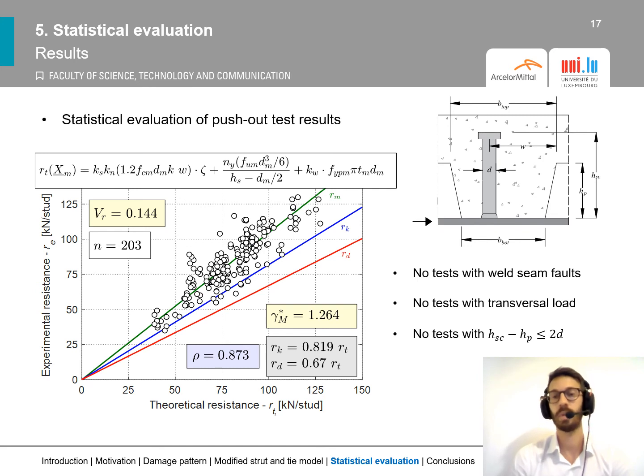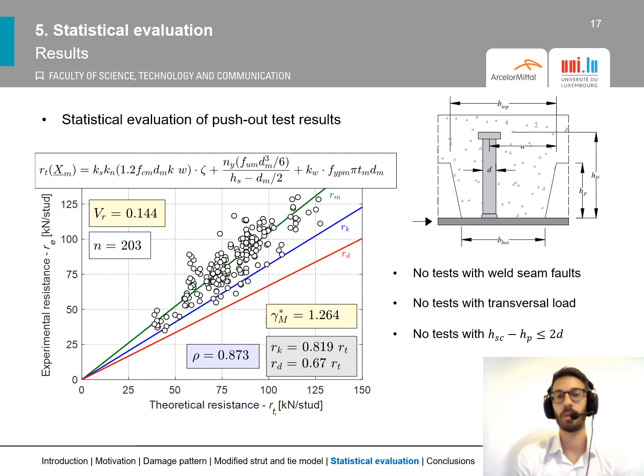Also, no test with insufficient embedment length, HSC minus HP, was considered, such that this value would always be higher than the minimum requirement of 2D as recommended by Eurocode 4. From this plot, we can clearly see that there is a good agreement between the theoretical resistance and experimental resistance.